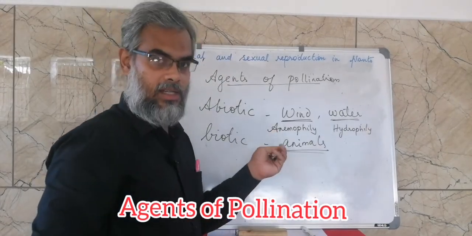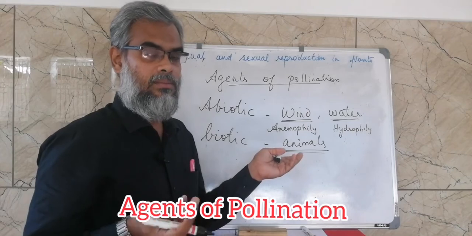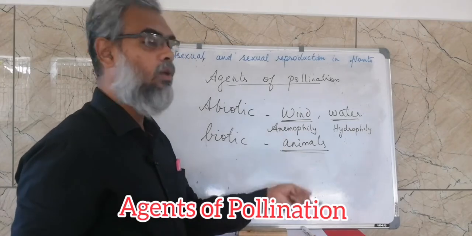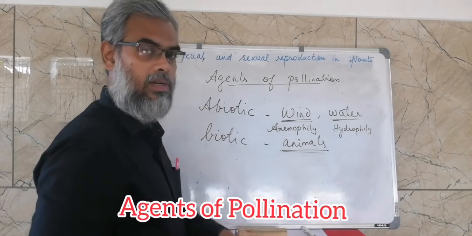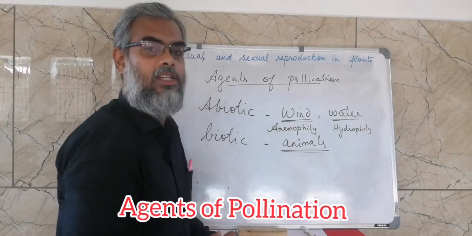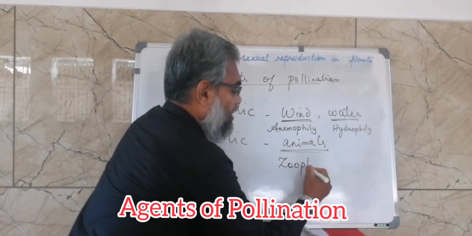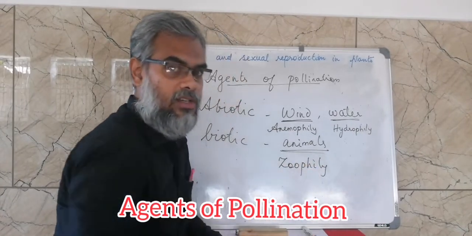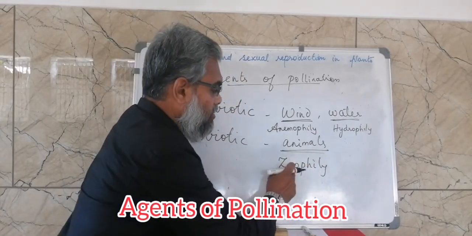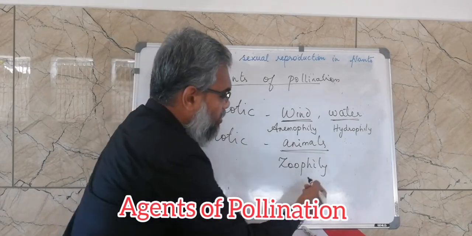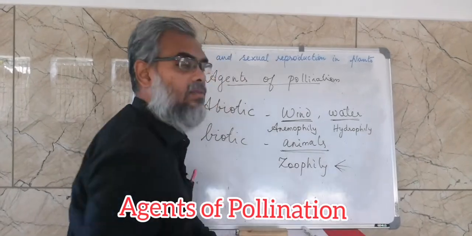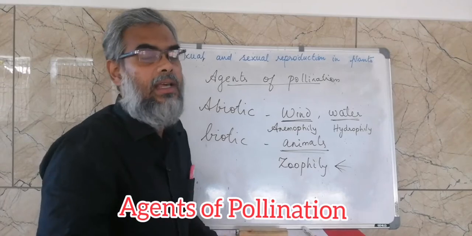Same as anemometer, you would have learned, the measurement of wind. So anemophily. And in the biotic agent, if the pollination occurs by animals, it is called zoophily. Zoology, you know, is the study of animals. And in zoophily again there are so many classifications which we will be discussing later.